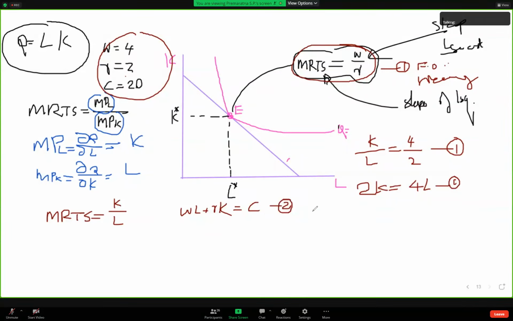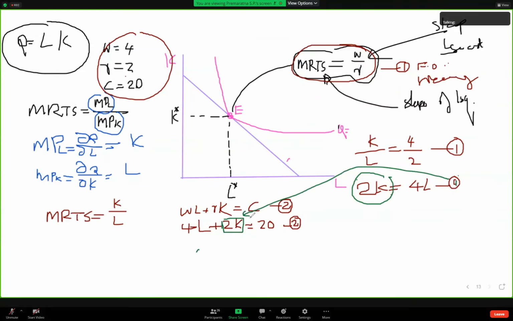If you write the second equation, we know W is 4. We don't know L. R is 2. We don't know K. C is 20. This is the second equation. If you plug equation 1 into the second, since 2K equals 4L, instead of 2K we can write 4L using the first equation.